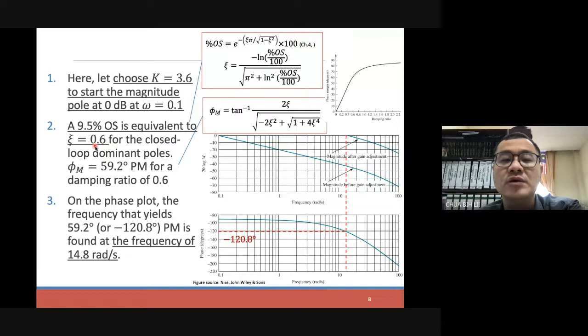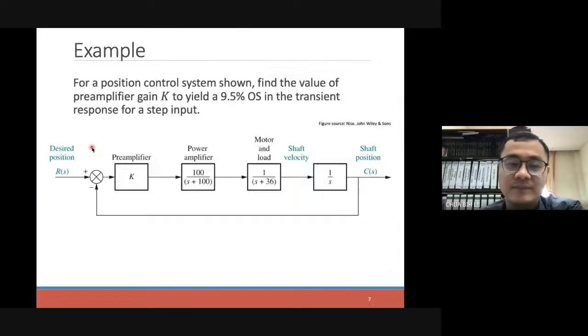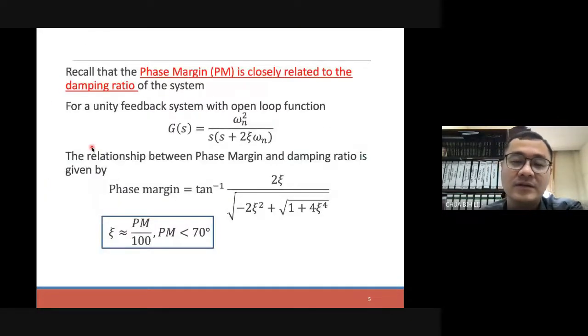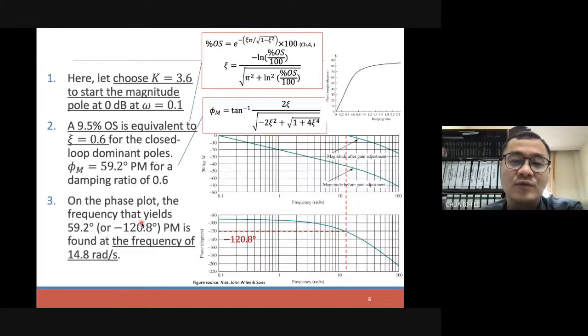Once we approximate that, we use back the equation that we have previously. If you want it to be accurate, you can use this. If you don't want it to be accurate, you can use this. It's up to you. You can see that we get 59.2 with the more accurate one.